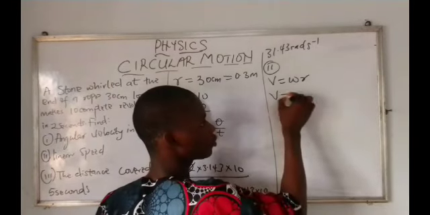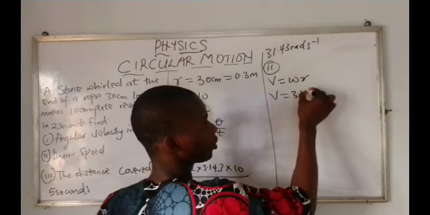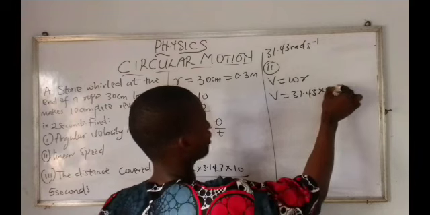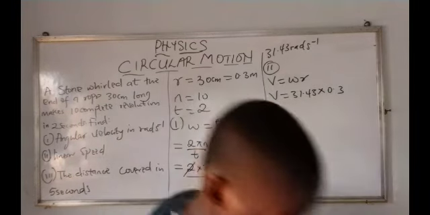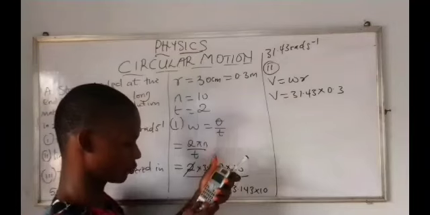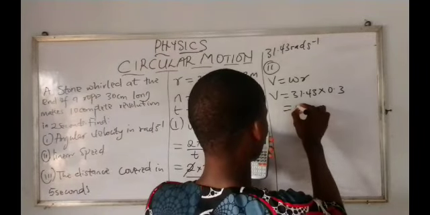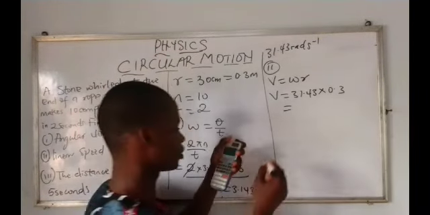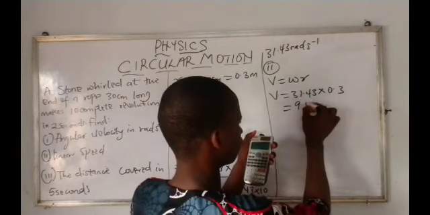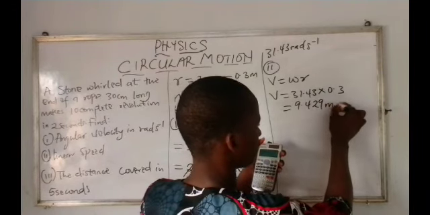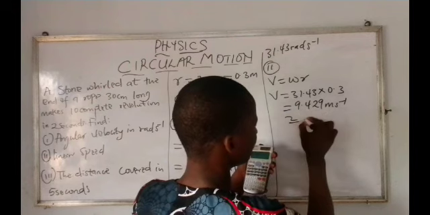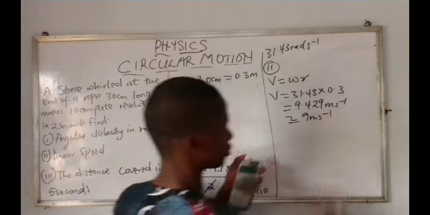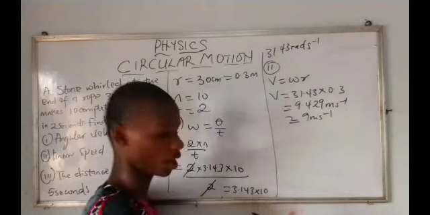So therefore v is equal to 31.43 times 0.3. That will give us, if we press our calculator, approximately 9.429 meter per second. Okay, approximately, let's leave it at 9 meter per second. Alright, so that is the answer for number 2.